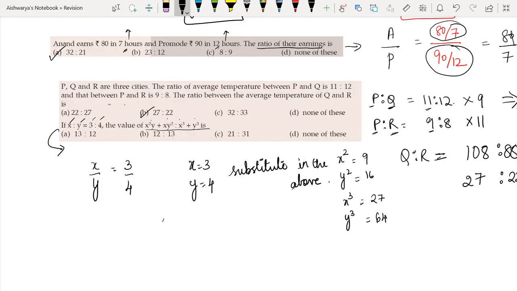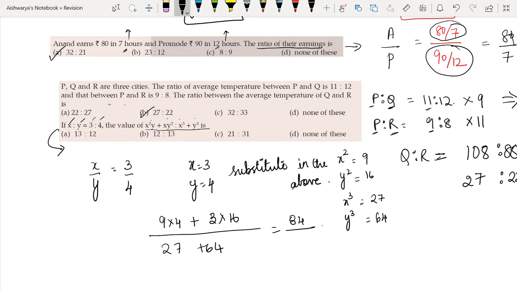So just substitute the values: 9 into 4 plus 3 into 16, divided by 27 plus 64. Okay. Now add up. 16 into 3 is 48. 48 plus 36 is 84.